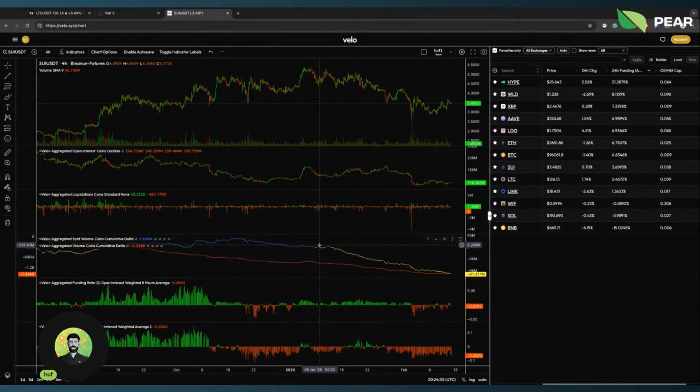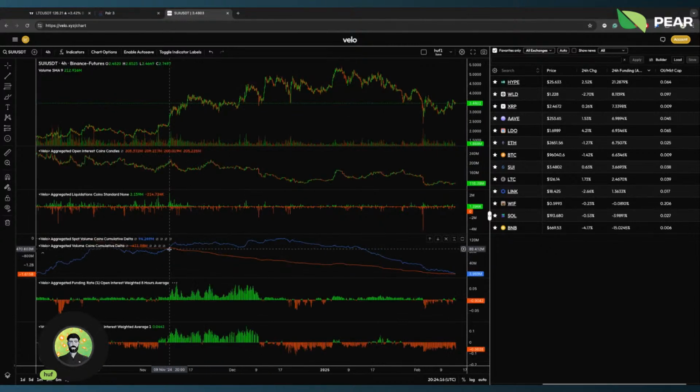Ever since, like, the 11th of Jan, this has just been a slow, steady selling of spot. And obviously perps, who were really longing this thing towards the end of last year, it basically crossed over at some point, and perps have been out of this trade as well.